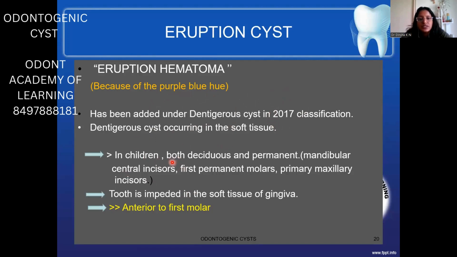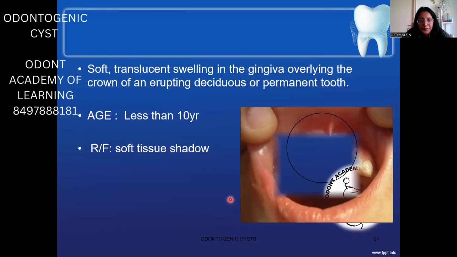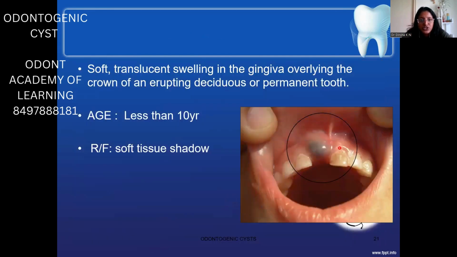More commonly, you see it in children, both in deciduous as well as permanent dentition, more towards the anterior to first molar region, and usually the tooth is embedded in the soft tissue of the gingiva. As you can see in the picture, it appears as a soft translucent swelling in the gingiva overlying the crown of an erupting deciduous or permanent tooth, usually in those aged less than 10 years.